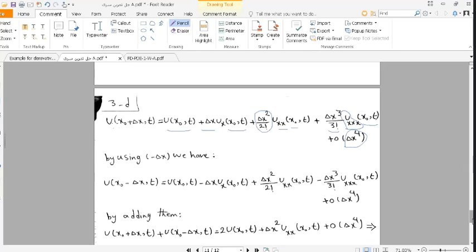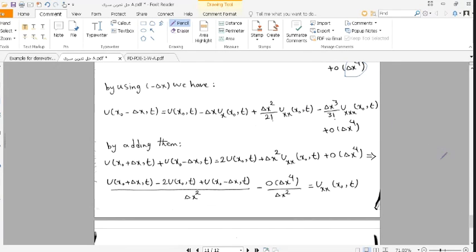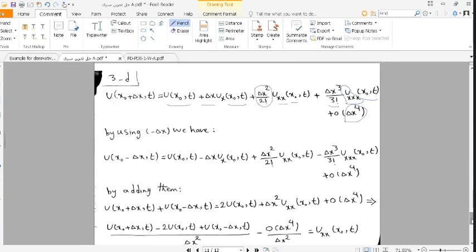And then we write the Taylor theorem this time by using minus delta x.